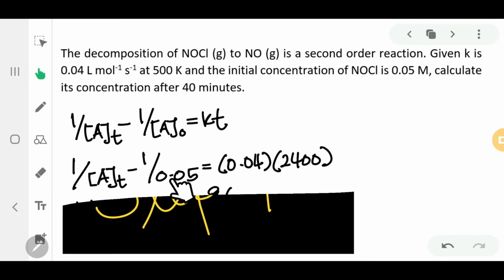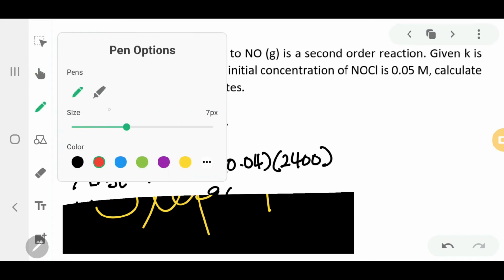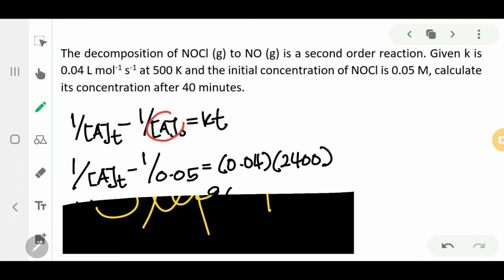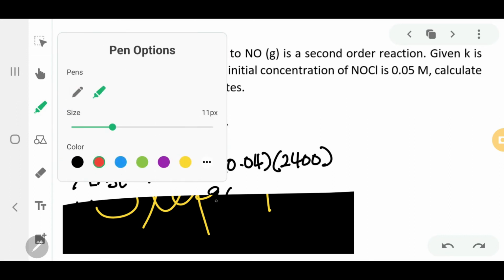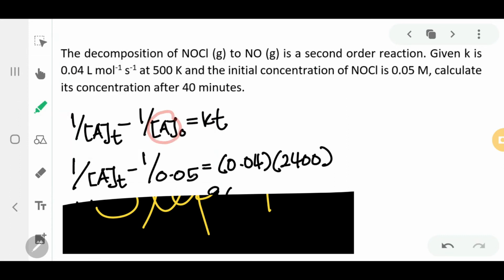That is the initial concentration, that is the K value, and the time is right there.